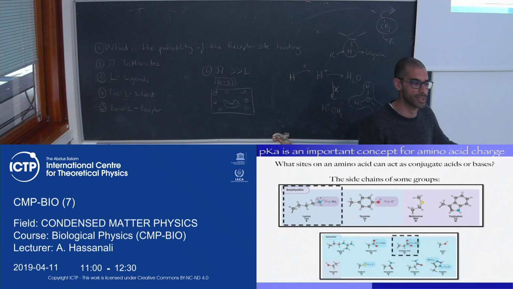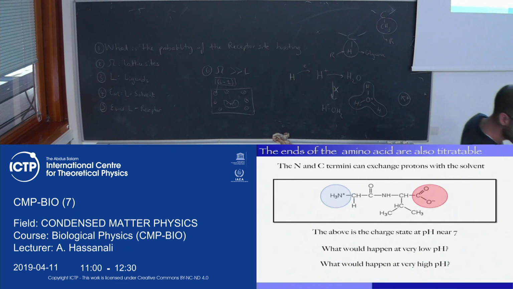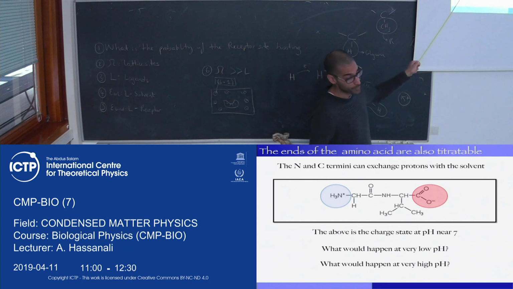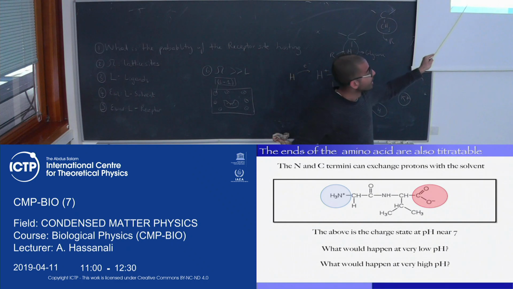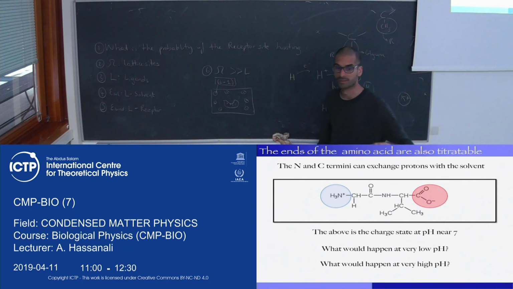That's the kind of question that we wanted to be able to answer. Don't forget that every amino acid has the N and the C, the two termini. And the two termini are made up of groups that can also exchange protons.